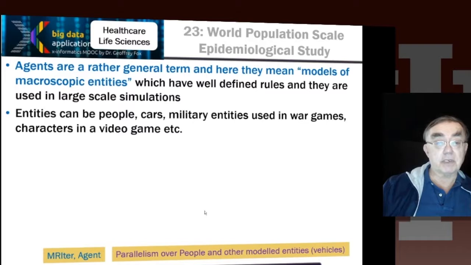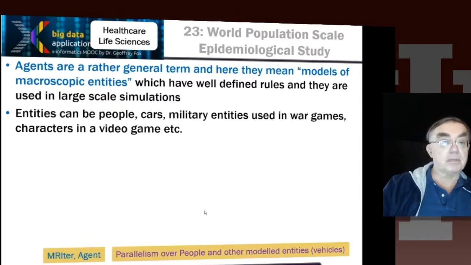So agents are introduced here, and agents, as done here, are an important idea. If we're studying materials, then we're going to build that material in terms of atoms or blobs of material, particular pressures and velocities.